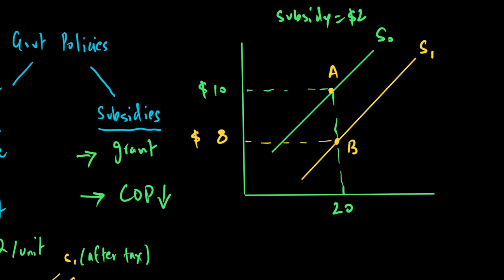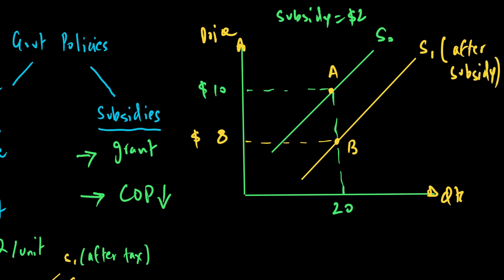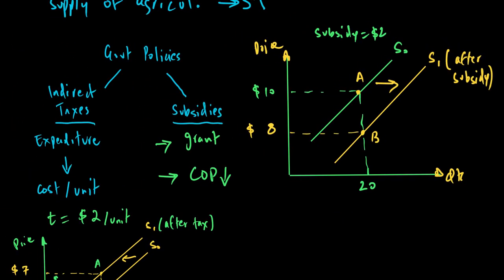Your supply curve S1 will be after subsidy. So while taxes can make the supply curve shift backward, subsidies, which are grants by the government for the production of goods like vaccines, can result in the supply curve shifting to the right.